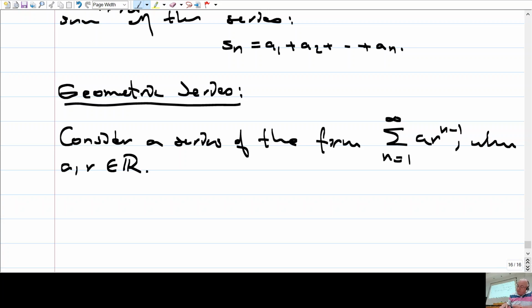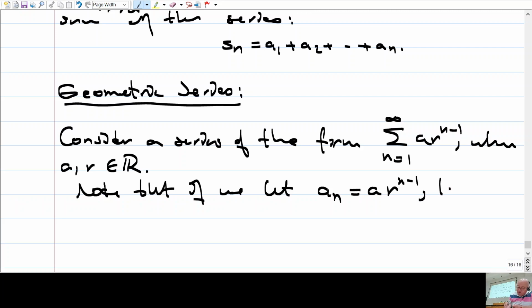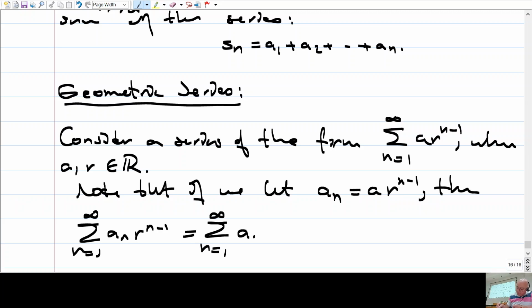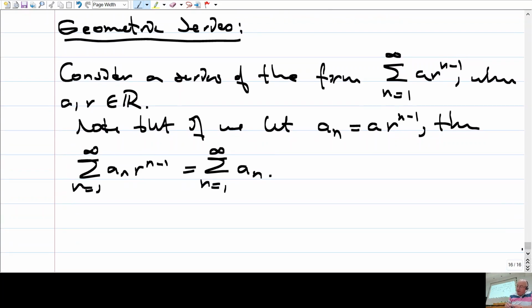This is the series. Note that if we let a_n be just a times r to the power n minus 1, then this series is just the series of a_n.